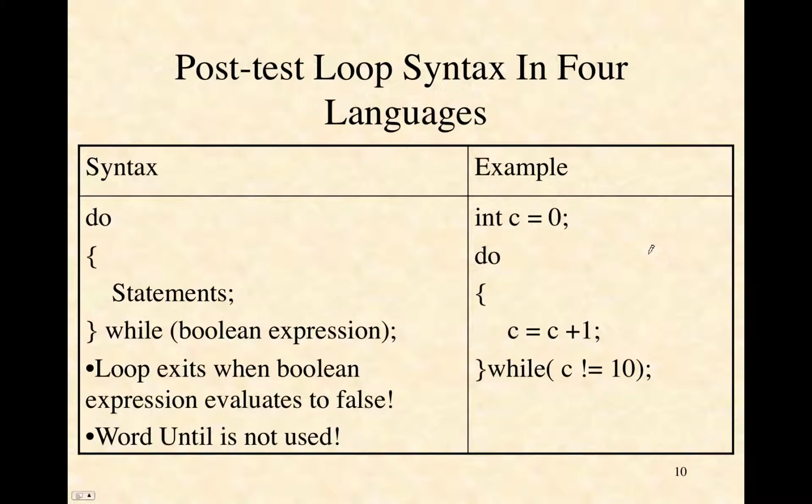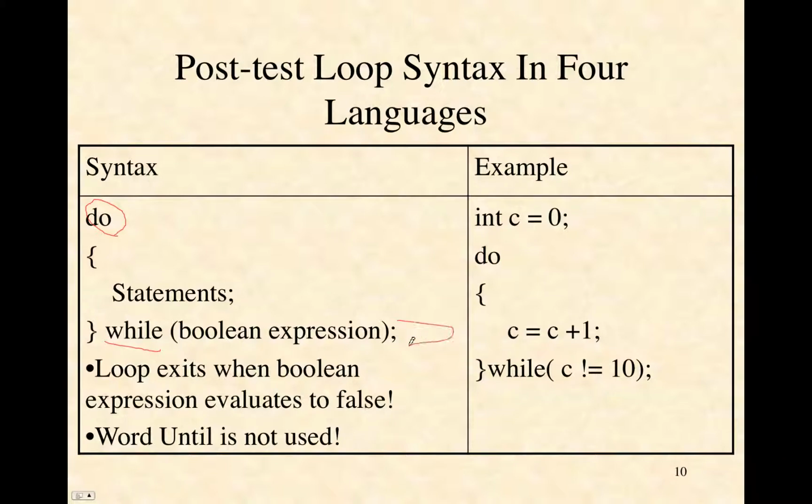Here's the post-test syntax in 4 languages. 4 languages means C++, C, Java, and C#. This is one of the syntax, and this is true in JavaScript also. I have the word do first, left curly brace, statements, right curly brace, the word while, and inside the parentheses I have the Boolean expression and the semicolon.